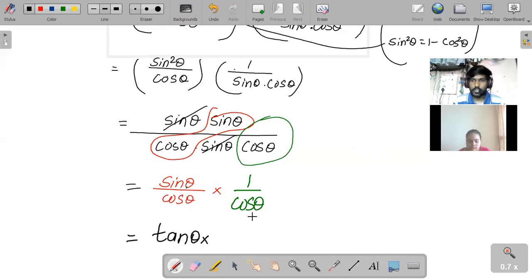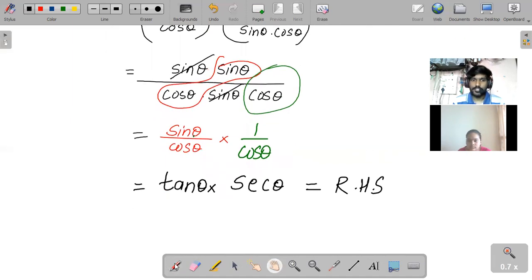And what is 1 upon cos? Sec theta. So this is tan theta into sec theta, which is the same as your RHS. And finally, you can say that LHS is equal to RHS, hence proved.